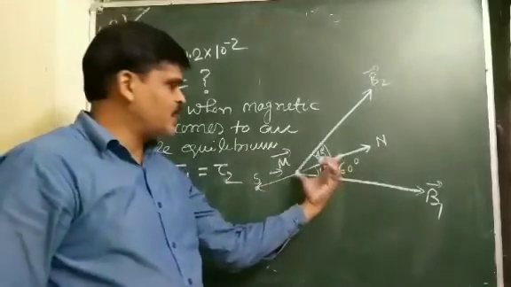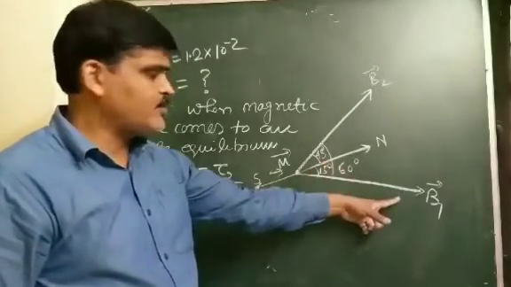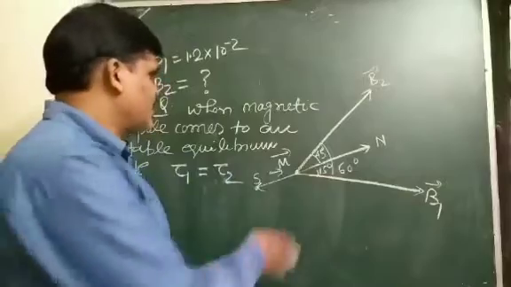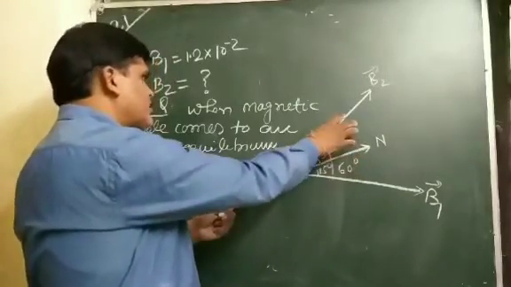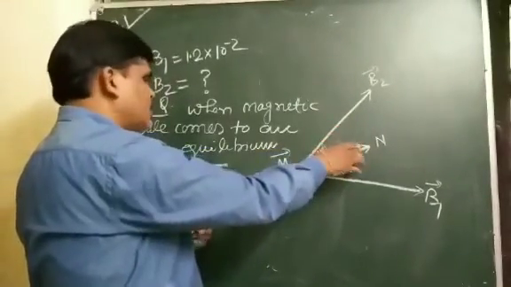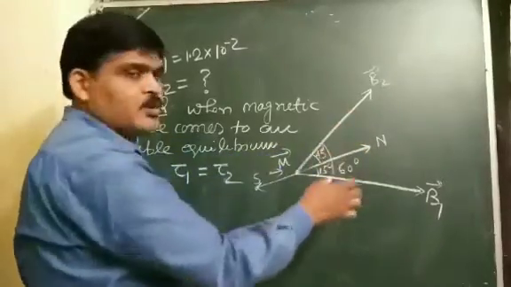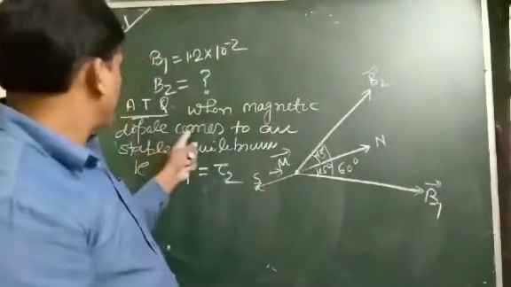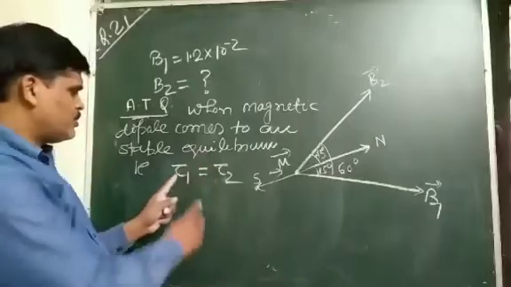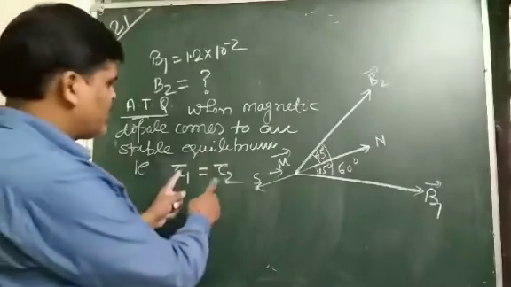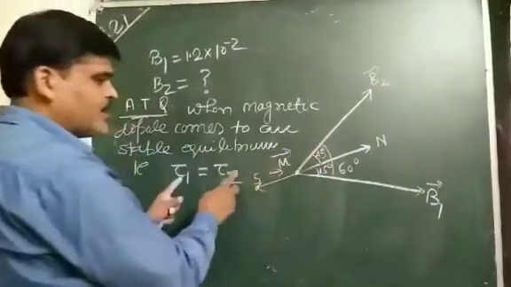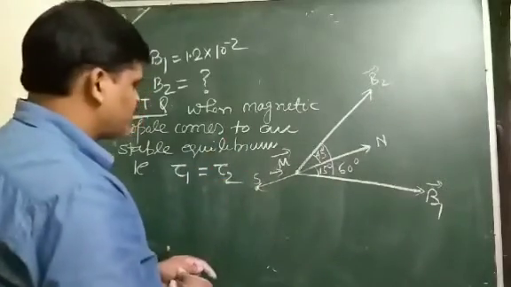Torque acting on the magnetic dipole due to field B1 is downward, and torque due to field B2 is upward. So in stable equilibrium, these two magnitudes of torque T1 and T2 are equal, but the direction is opposite.